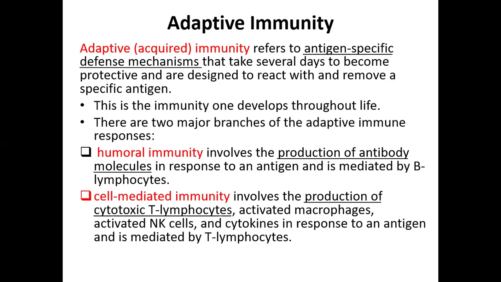There are two major branches of the adaptive immune response: humoral immunity and cell-mediated immunity. Humoral immunity is associated with antibody production, which is a response to antigen by B lymphocytes.